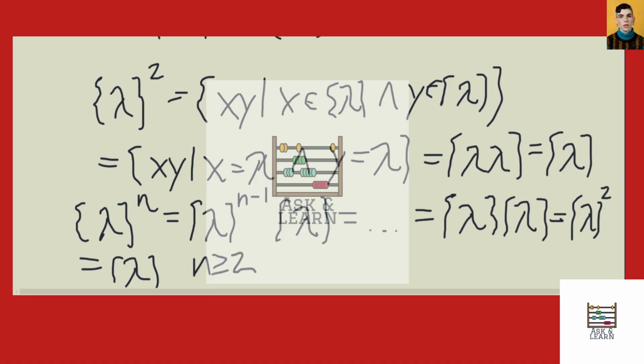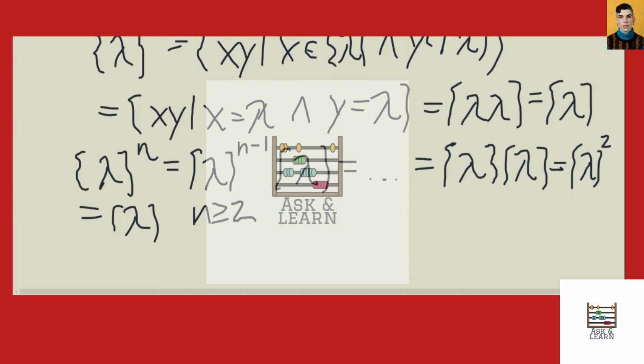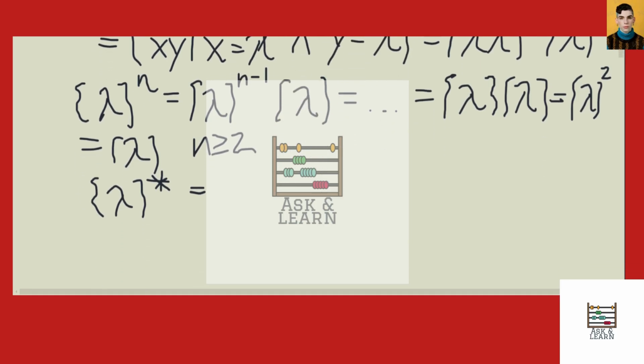And so by the definition of the Kleene enclosure, we obtain that the Kleene enclosure of the set containing the empty string is equal to the union from n equals 1 to infinity of the set containing the empty string to the nth power.